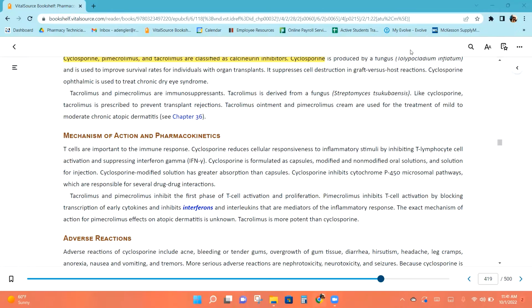The modified solution has greater absorption than capsules, and cyclosporine inhibits cytochrome P450 microsomal pathways, which are responsible for several drug-drug interactions. Tacrolimus and pimecrolimus inhibit the first phase of T cell activation and proliferation.